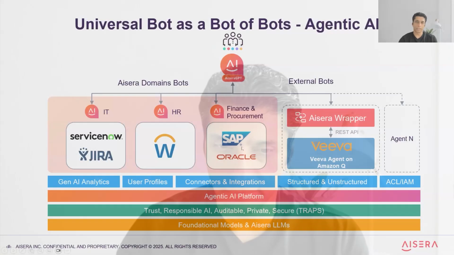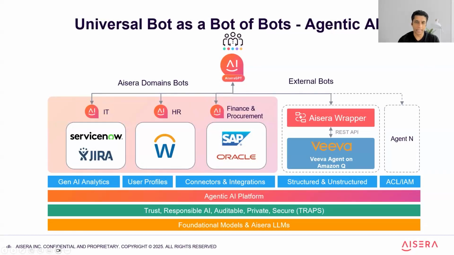Thanks, John. I'm going to start with a high-level overview of what Aisera looks like from a platform perspective, because this is going to resonate when you go through the demo and understand how the thing works. At a high level, you can think of Aisera as an orchestration platform. We're able to bring agentic use cases across a myriad of different domains.